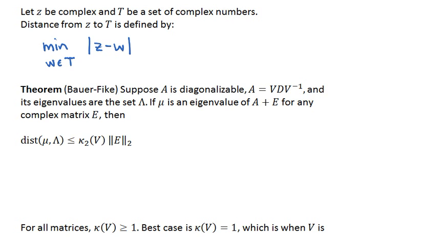Okay, so remember that in complex numbers, the magnitude of the difference of two complex numbers is as good as the distance between those two numbers. It's the same thing. And so we're just looking at the distance to the closest point in t. So if t were to be some blob of complex numbers, and z were to be the point outside, then the distance would be the distance given to the nearest point in t.